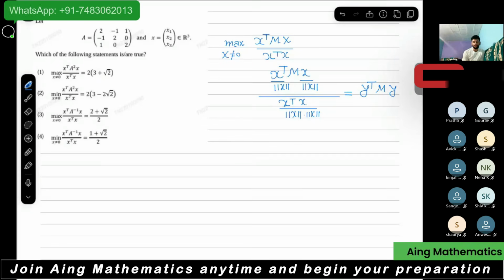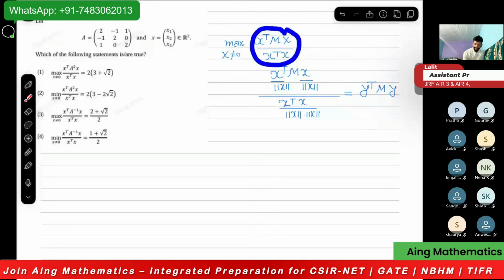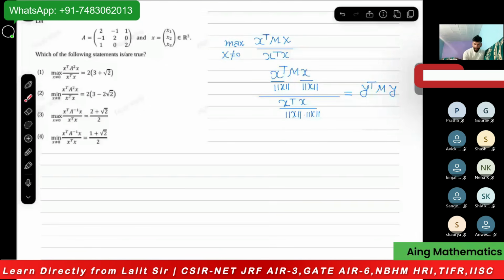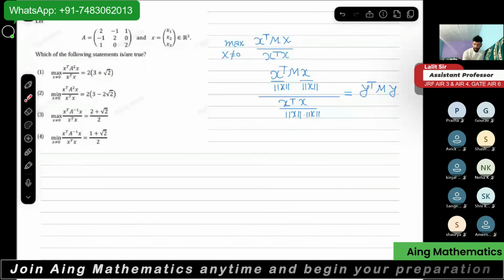All of you can see it. So this is a real number, first of all, note it. Yes or no? X transpose X is a real number and X transpose M X is a real number, so their quotient will be a real number.